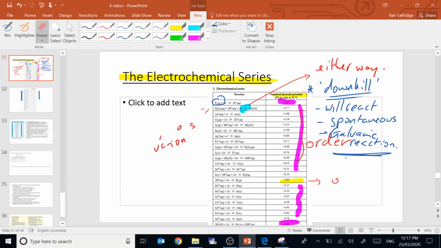If we have a look at it, the reactions towards the top, the very top one up here is F2. That means that it is the most likely to perform in the forward direction. It's the most likely to do reduction.